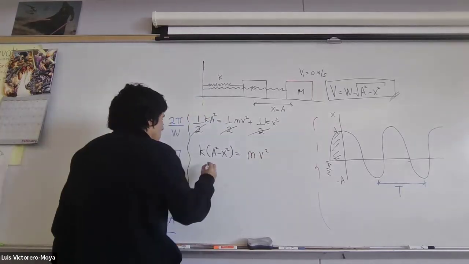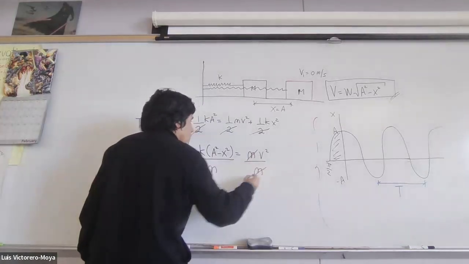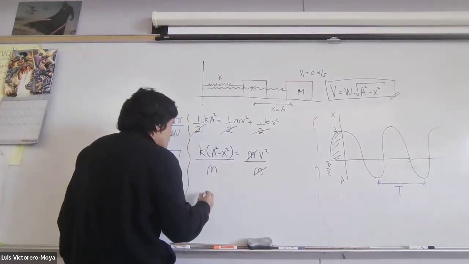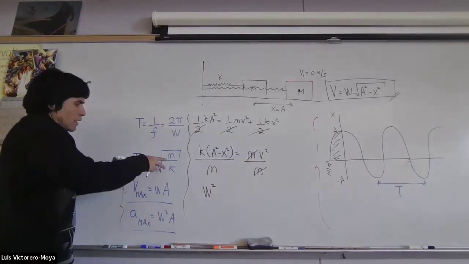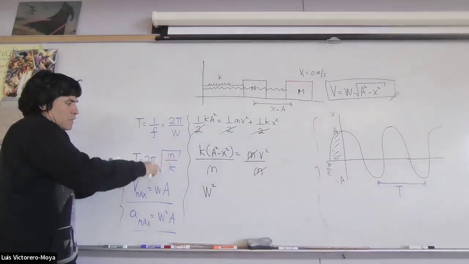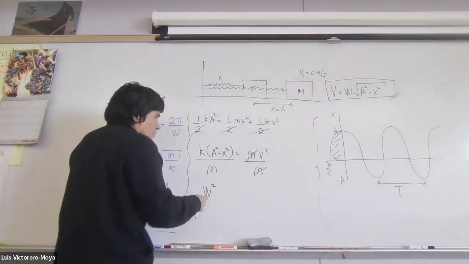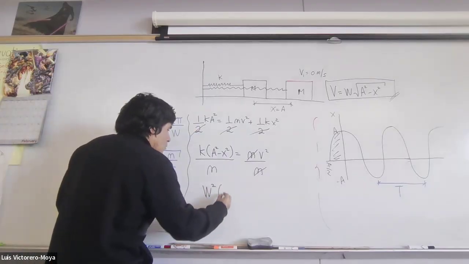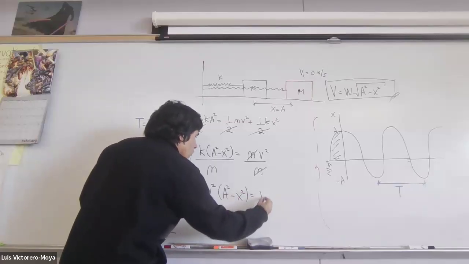If I divide by m, k over m is omega squared. So omega squared times (A squared minus x squared) is v squared.